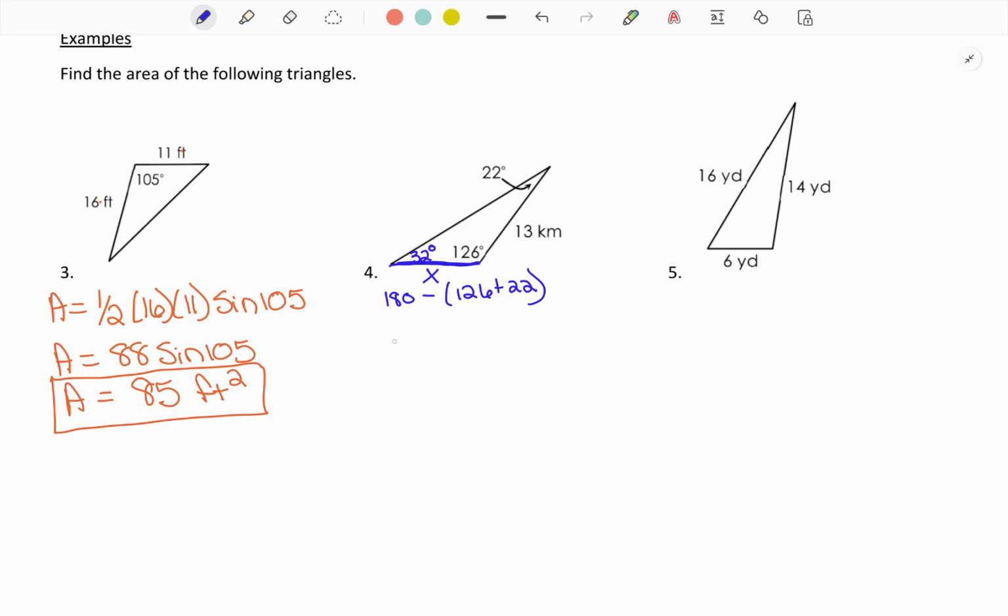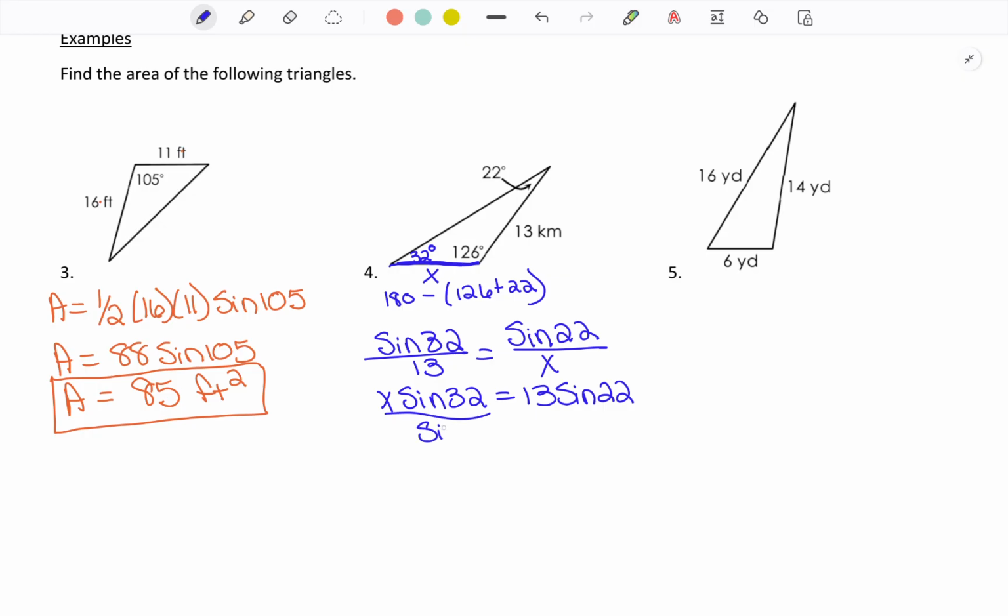So we can have the sine of 32 over 13 equals the sine of 22 over x. Cross multiply: x times the sine of 32 equals 13 sine 22, sorry, a lot of 2's. And then we're going to divide by sine 32.